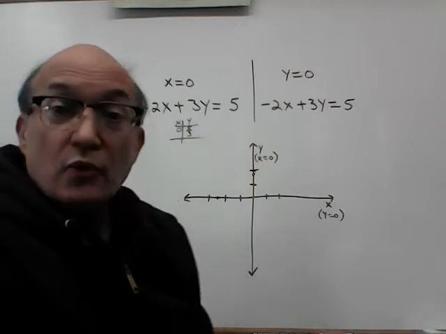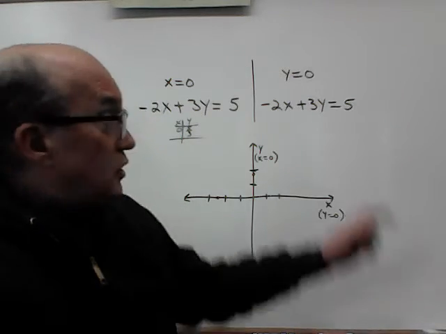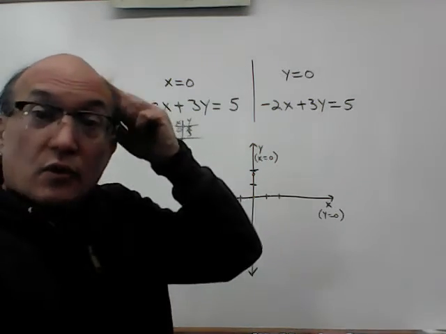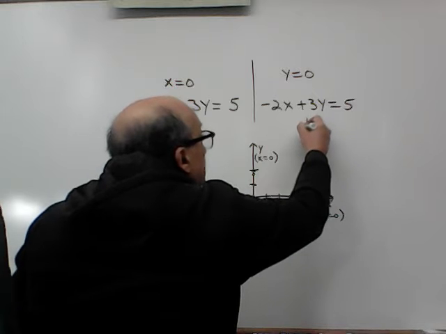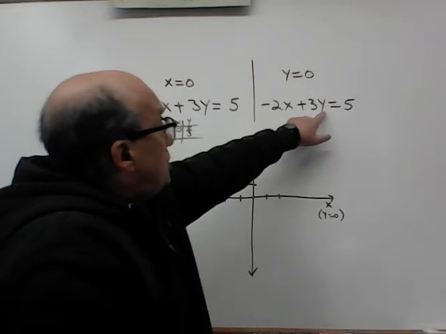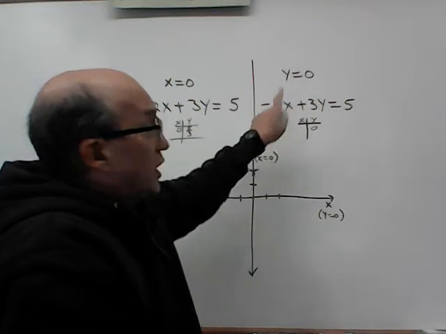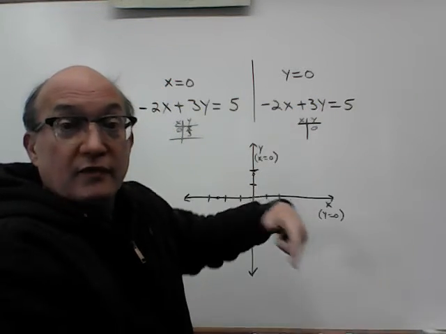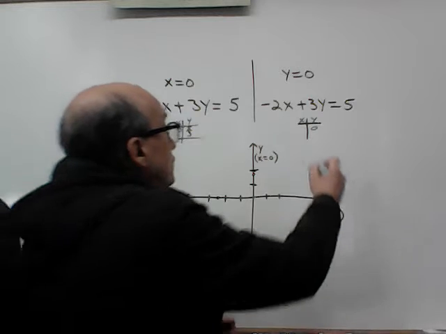Let's solve the other one by the same method of substitution, this time substituting 0 for y. When we substitute 0 for y, this term goes away. We get negative 2x equals 5, so x equals negative 5/2.